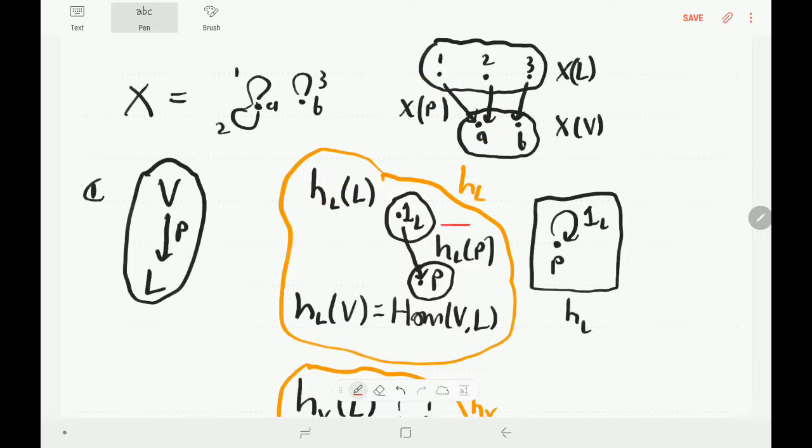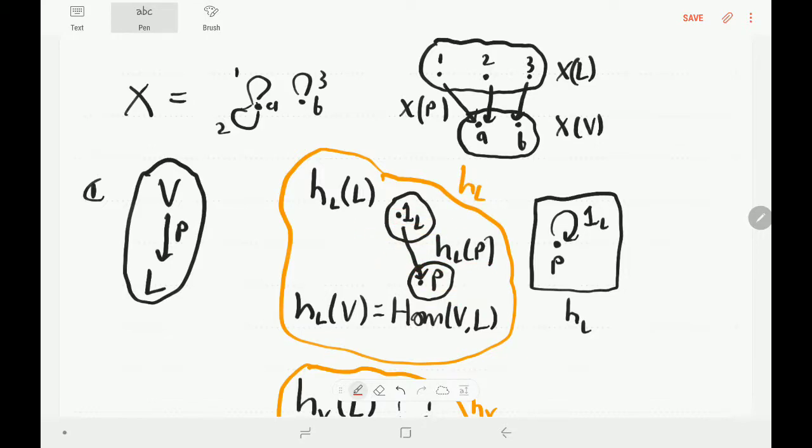Now, in correspondence with the Yoneda lemma, we want to really talk about what's going on in terms of arrows from these Hom functors, because we can talk about everything in terms of those. So we have two Hom functors, the Hom functor h of L, objects of which are Hom(blank, L).